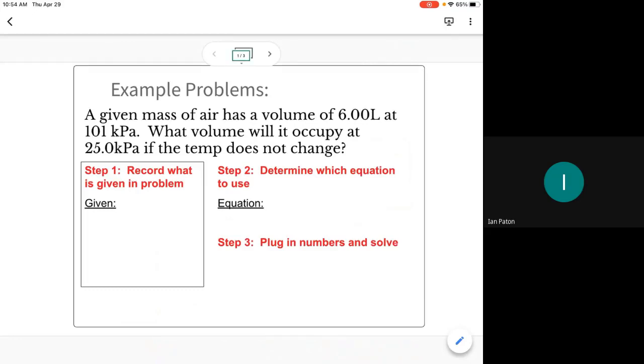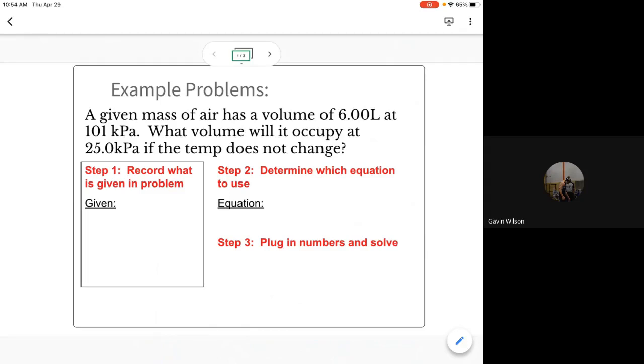Okay, so now I need to do this. All right, can you guys see that okay? It's the same examples that are in your notes, but this way I can write on it. Those of you at home, do you see the example problems? Yeah, we can see them.